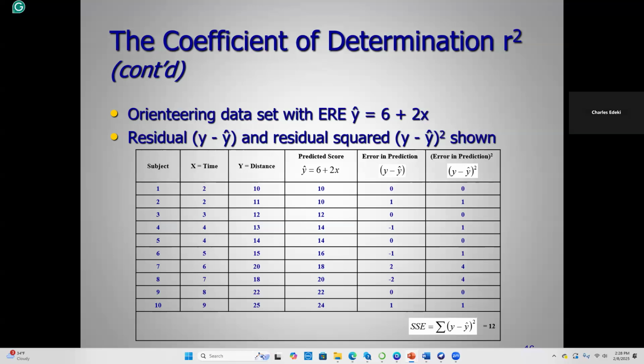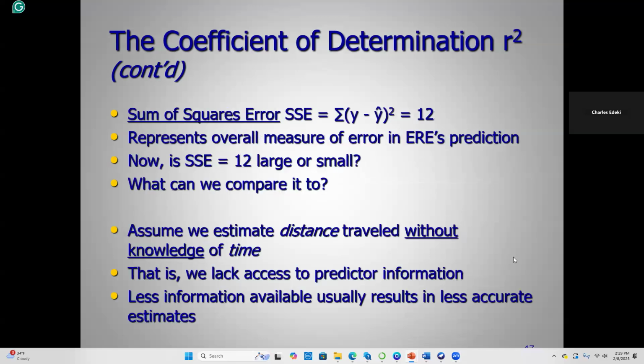So we were able to find y hat equal to 6 plus 2x. And we can see the error in prediction, then the error in prediction squared, which we call the sum of squared errors. This is what we're going to use. The sum of squared errors will be the difference of the actual value of y minus the predicted value of y.